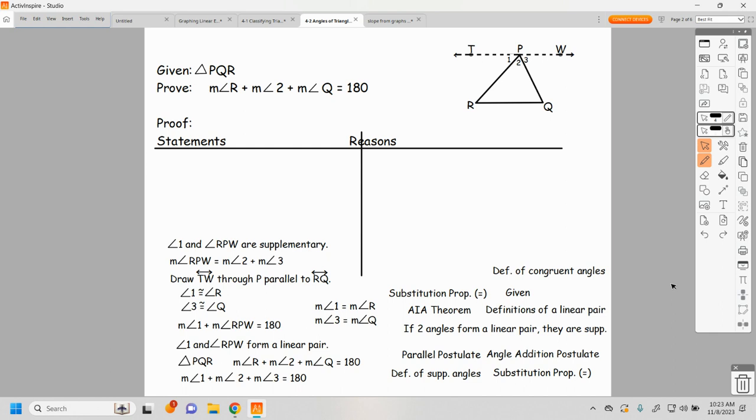And what is a straight line? 180 degrees. So that is the easiest physical proof of the triangle sum theorem.